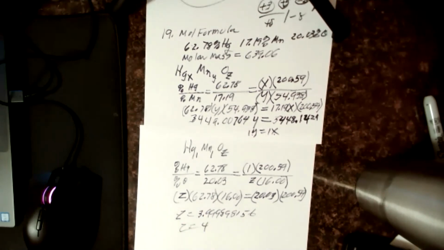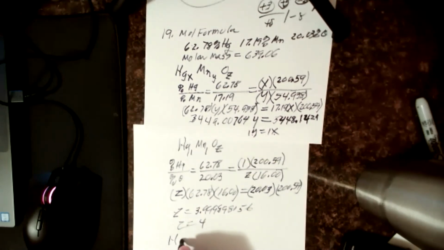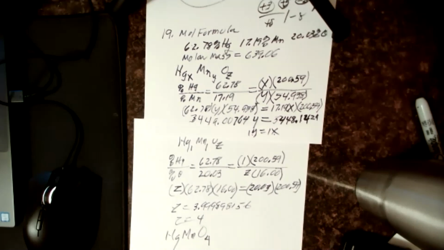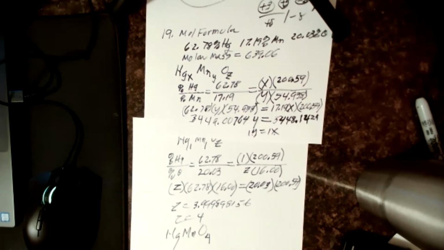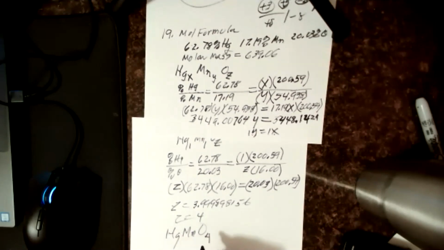So my formula is HgMnO4. Okay? Well, let's see. Wow, that's one of the answers, but guess what's the wrong one? What's wrong? This is the empirical formula.